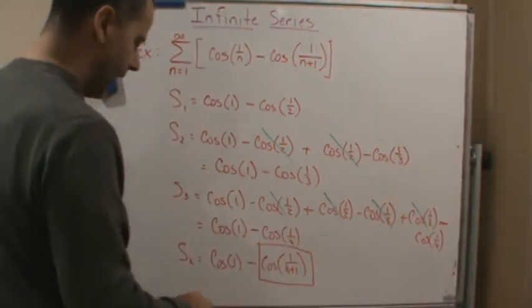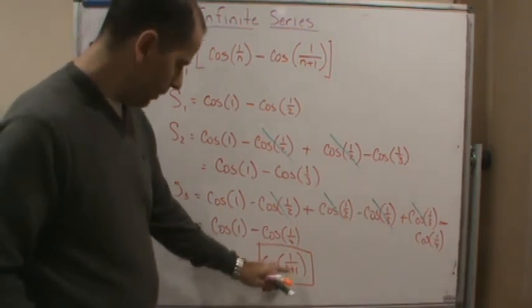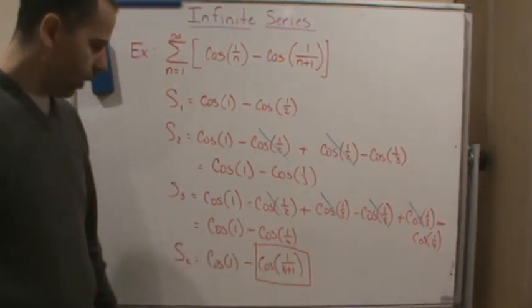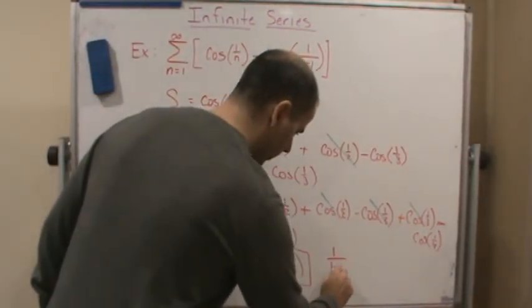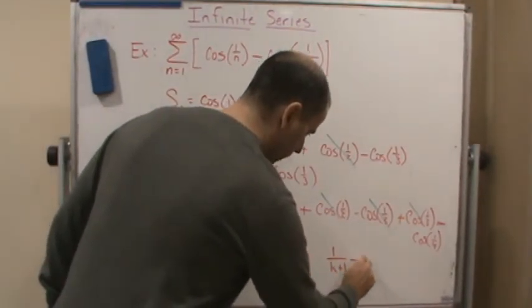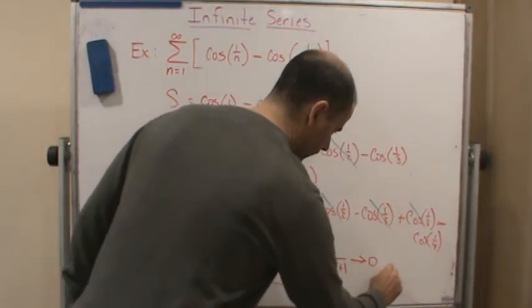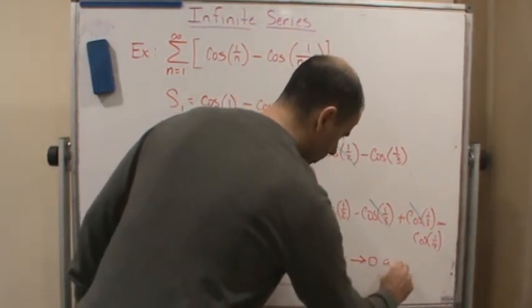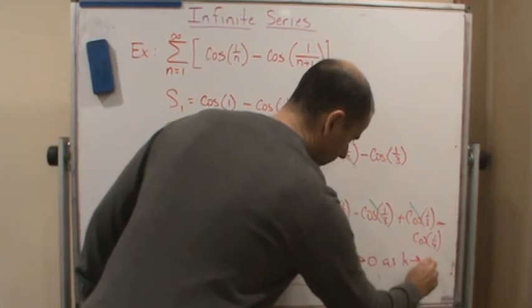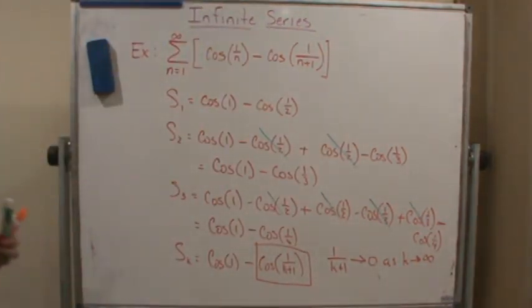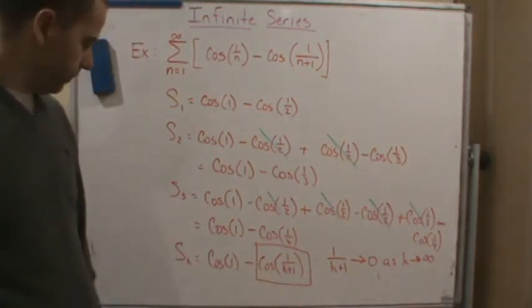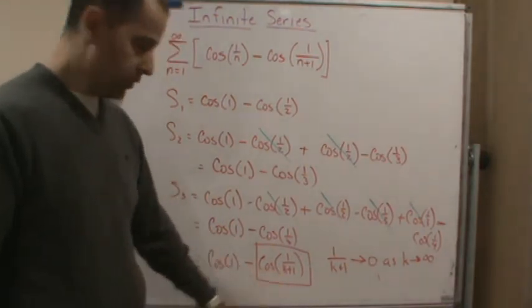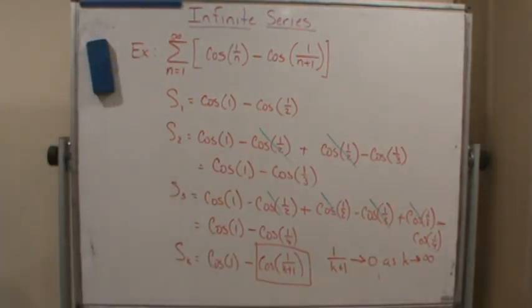Now it's obvious that the 1 over k plus 1 approaches 0 as k approaches infinity, which means that this is approaching the cosine of 0, which is 1.